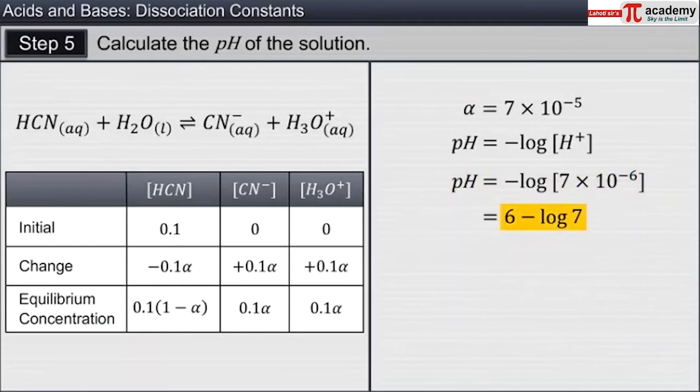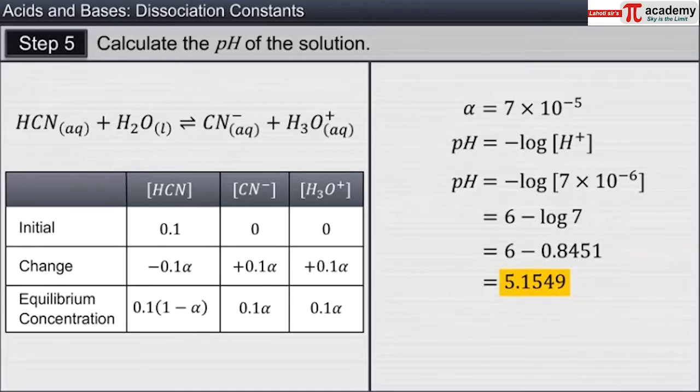This is equal to 6 minus log 7. Log 7 is 0.8451. Hence, the pH of the solution is equal to 6 minus 0.8451. This is equal to 5.1549.